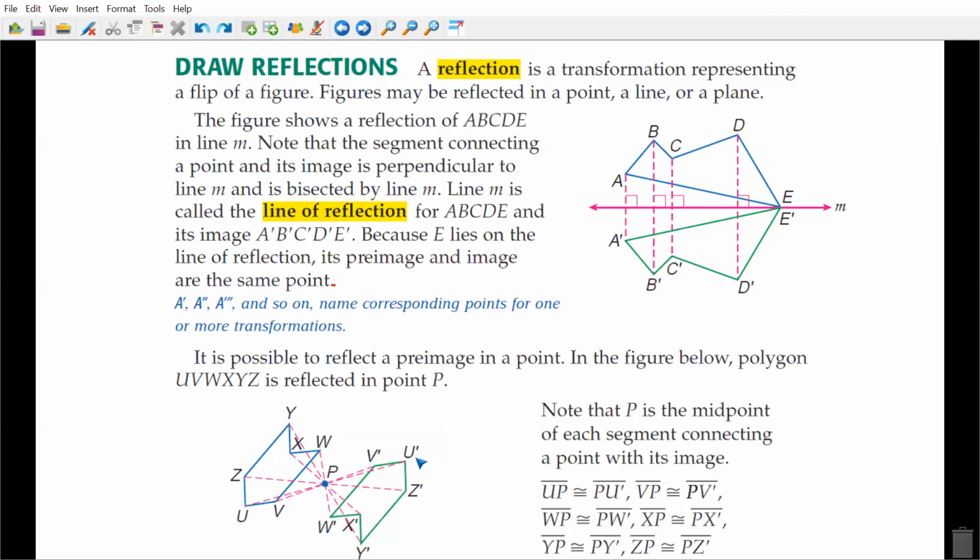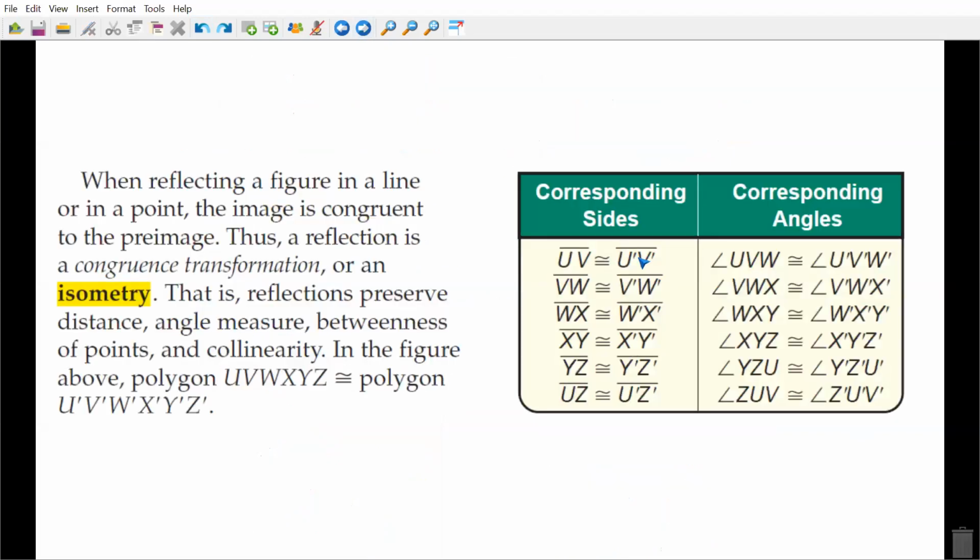So U prime, V prime, W prime. Okay? That's what it means. These little things over here, this means prime. Pre-image, image. Okay? And the same happens with the angles because all of the segments were the same. Well, they need to make the same exact angles.